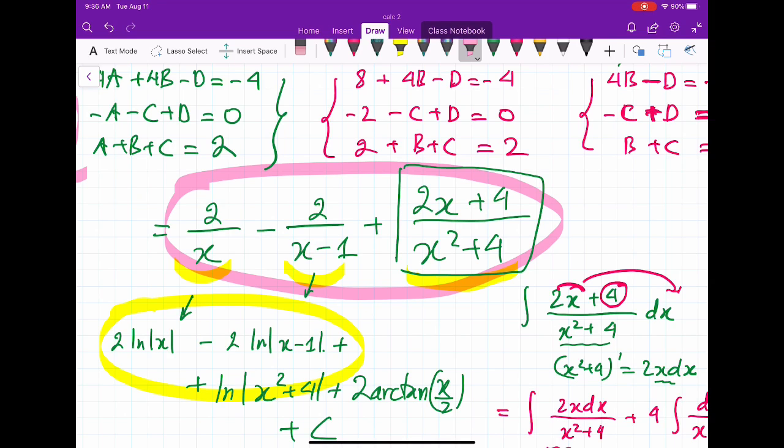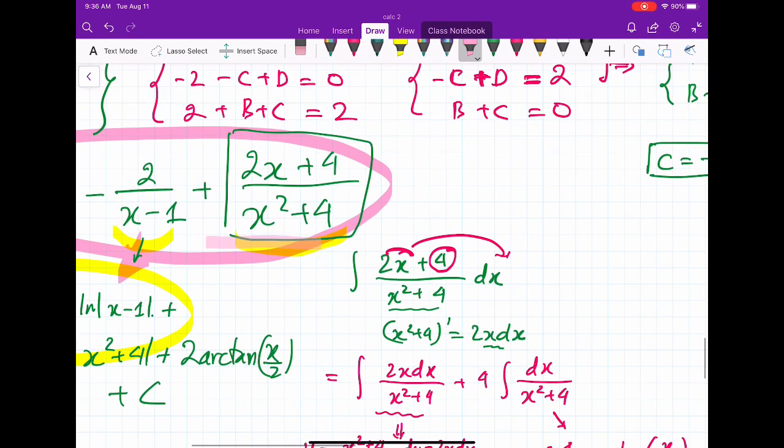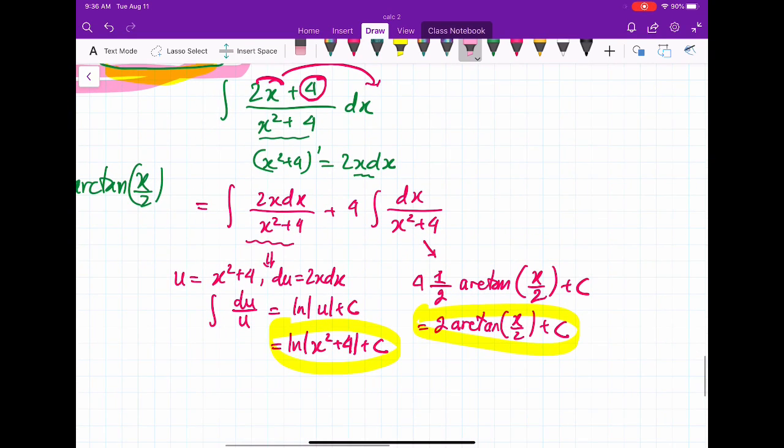So you already broke your function into simpler functions, and then you integrate each of them. Okay, and from here, that is not the simplest one, so you need to break your function into two functions. In one integral you use substitution, in another one you use substitution, and you get an inverse tangent.